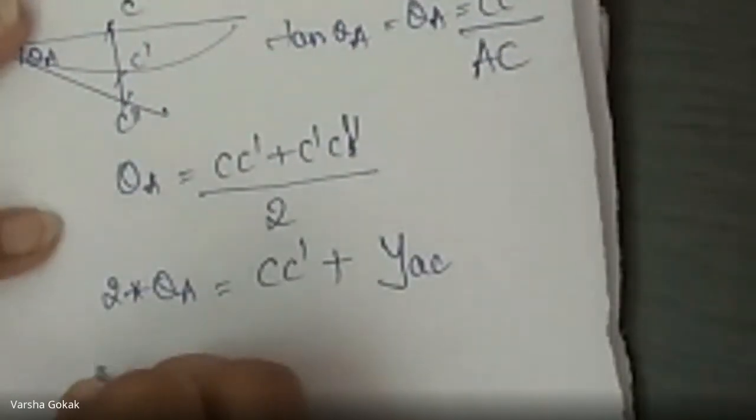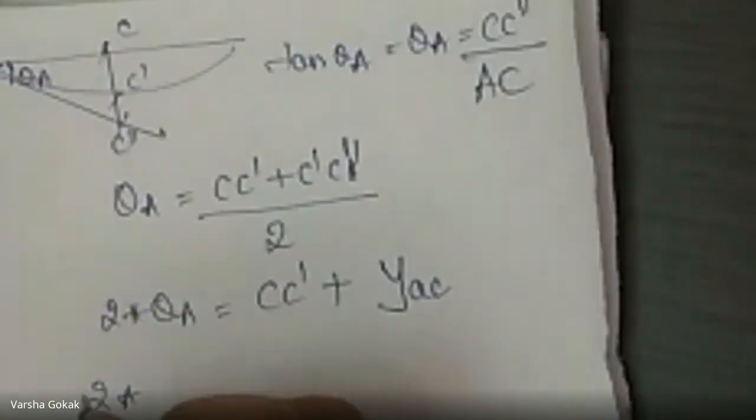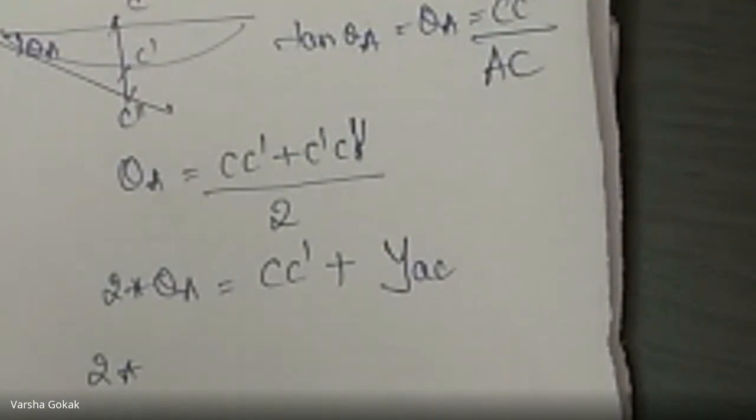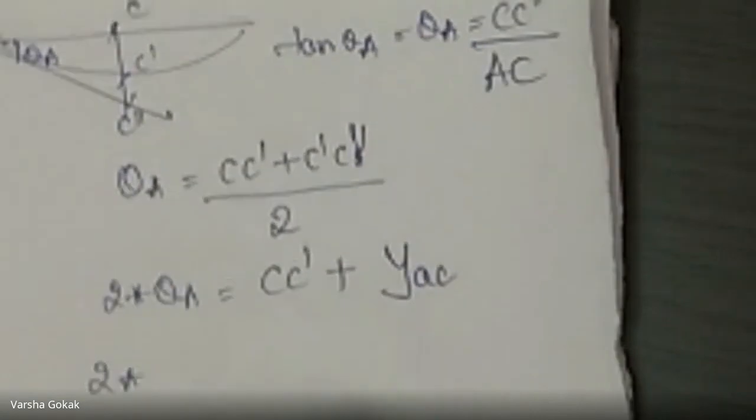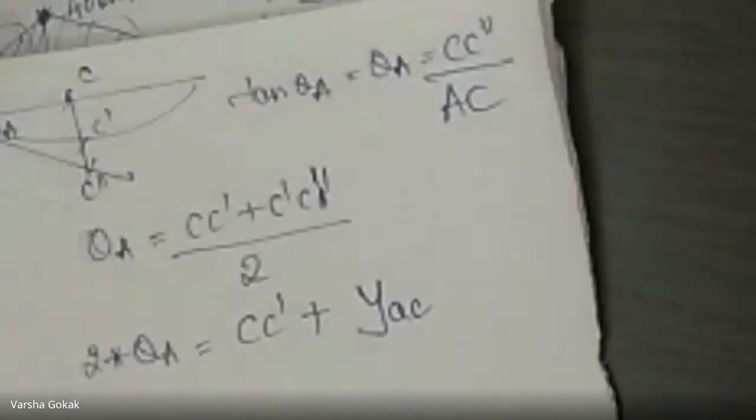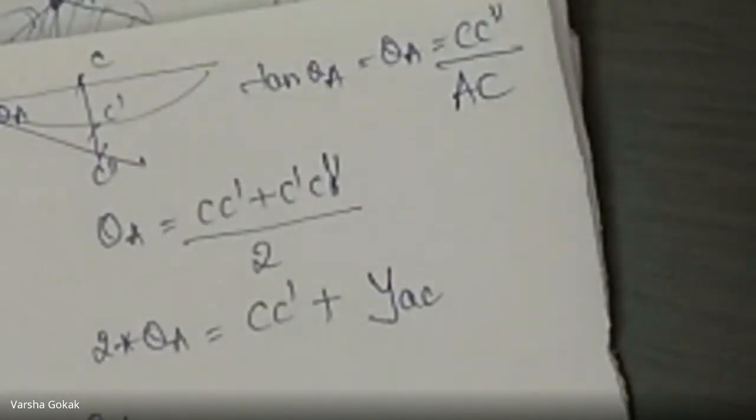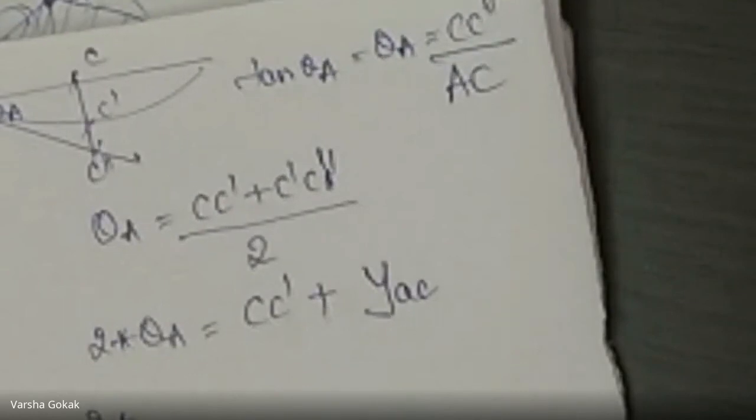We know the value of that also. 2 times theta A. What was the theta A you obtained? 6.5 into 10 raised to minus 3.